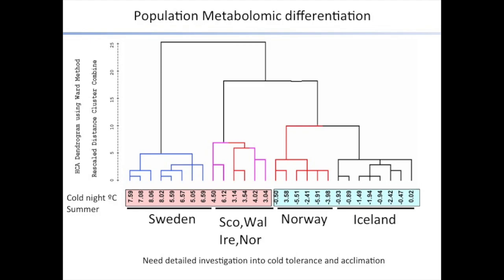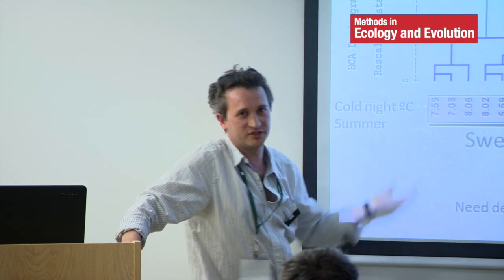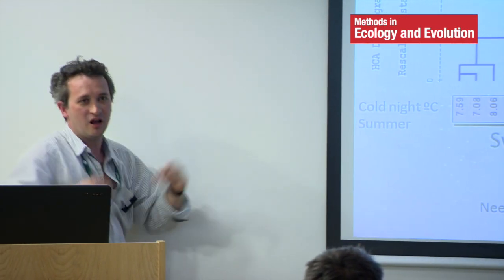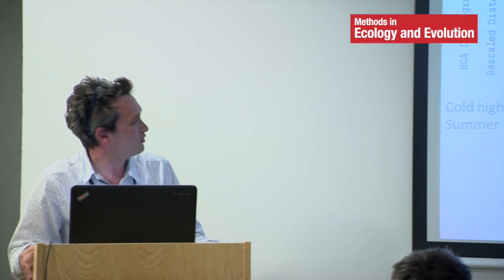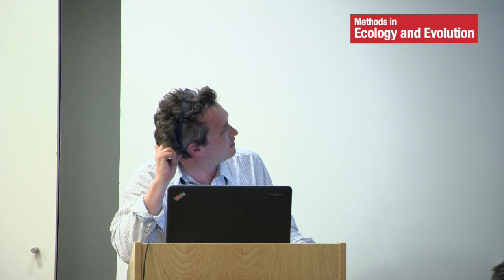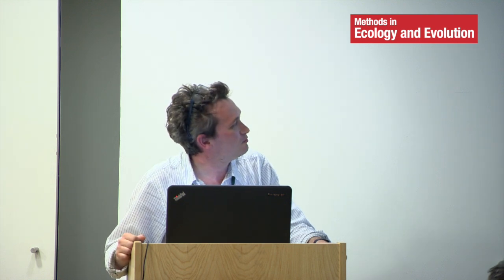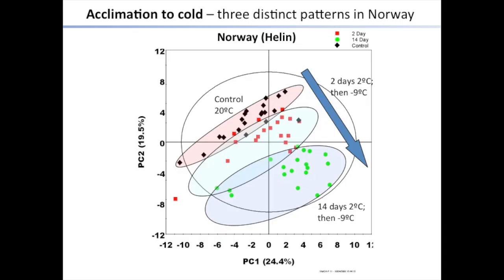And we can overlay things like the coldest nighttime summer temperature, which seems to explain a lot of this pattern that we see in the metabolic fingerprinting. Okay. So you can use this sort of fingerprinting to build on a hypothesis, to make hypotheses for other parts of the study.